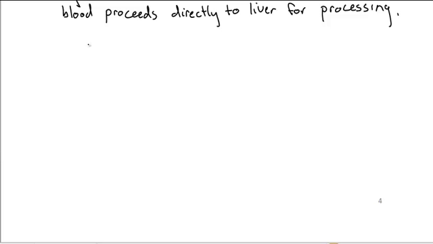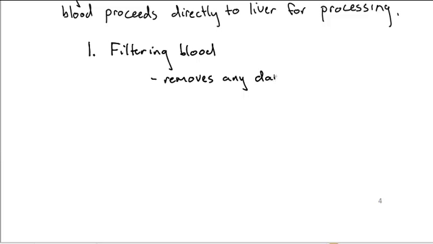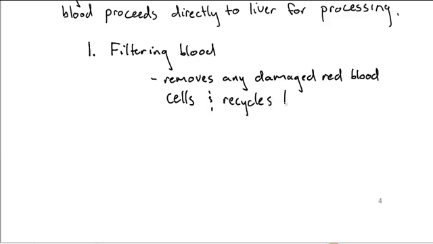But the functions of the liver include, first, filtering blood, where it actually removes any damaged red blood cells, and recycles their key components.